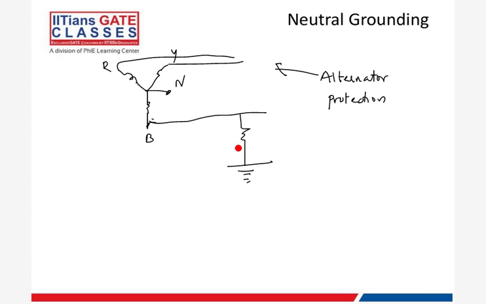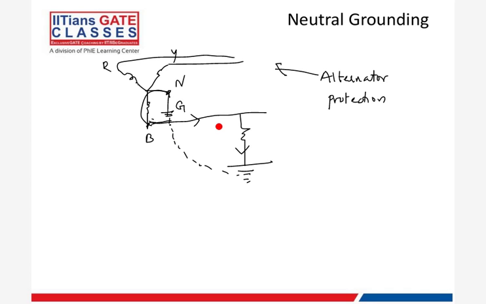The current flows into the ground, and where does it go from here? There is no closed path, so we won't be able to properly detect it. So to create a closed path, we connect neutral to ground. Now we have a closed path.